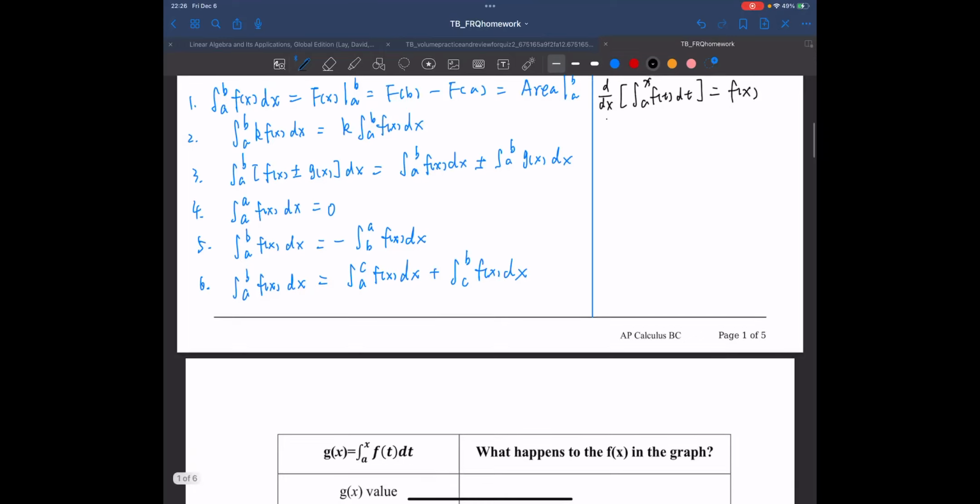And always don't forget, here it equals 0 because a is a constant. And sometimes we will change the upper bound and the lower bound as a function of x. So we need to use some chain rule.